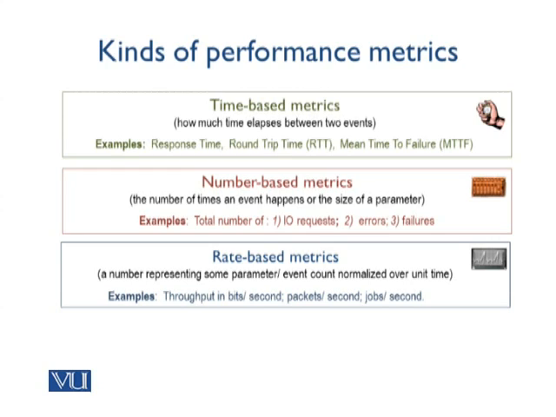And all the other metrics we will see can actually be formed from these fundamental metrics. For example, you may take a ratio of a number-based metric and a time-based metric to form a new metric. So all performance metrics are derived from these broad types.